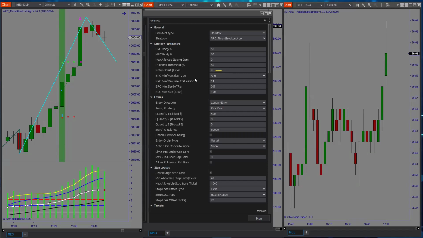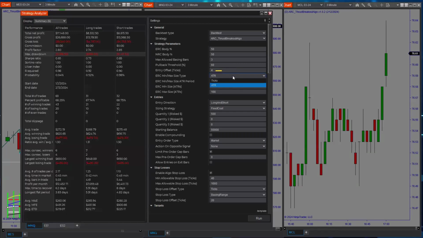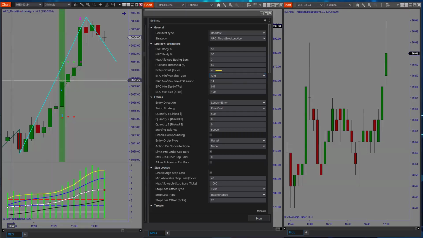So, extended range candle type size. This is something that I'm very, very happy that the team put into the algo. I was really hoping they would, and they did, and I'm very happy about this. So what this is saying is your minimum size of the rally candle.